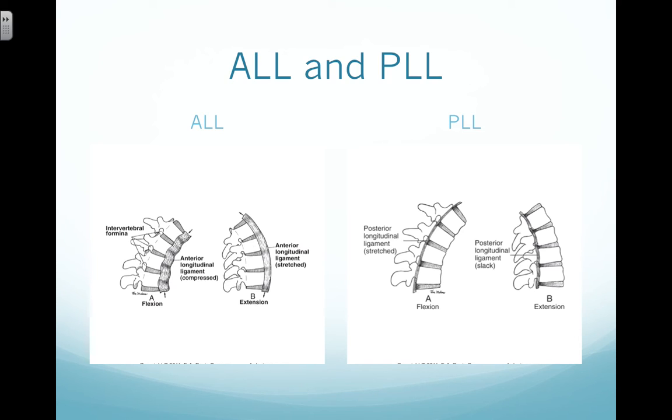Interesting though is as the PLL moves into the lumbar spine, it becomes very thin, and we can think that maybe this might happen with creep over time, because in flexion that ligament is getting stretched, and that poor posture leads to creep of all those structures. And possibly there might be a relationship between that. Now we have more movement of the lumbar spine than we want, and there's creep happening due to postural considerations, and possibly the intervertebral disc doesn't have as much support secondary to that PLL.